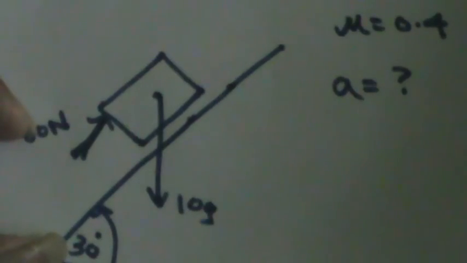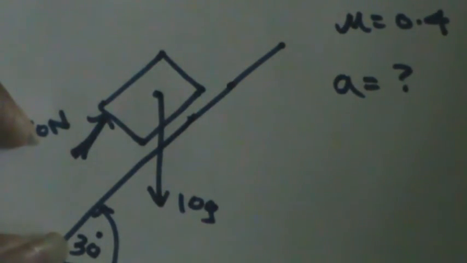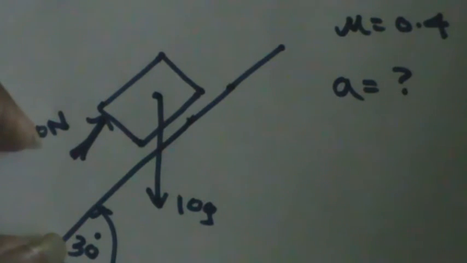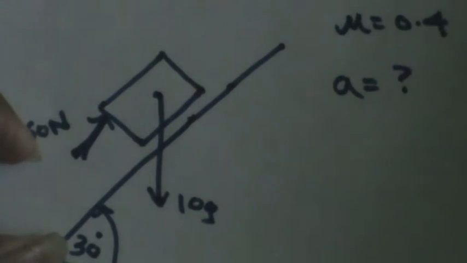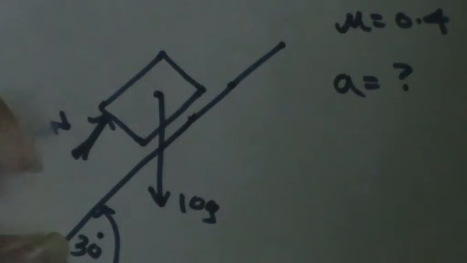The normal force need not be vertical. Whether the object is on a horizontal or inclined surface, the normal force is perpendicular to the surface, not perpendicular to the horizontal.